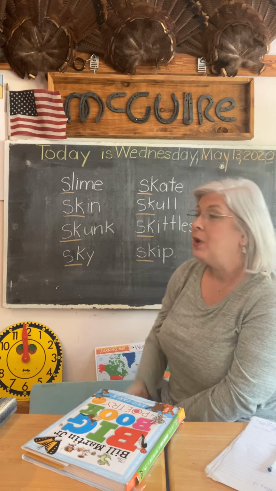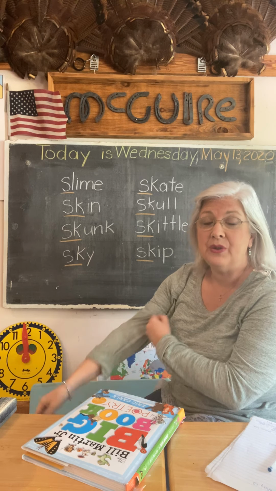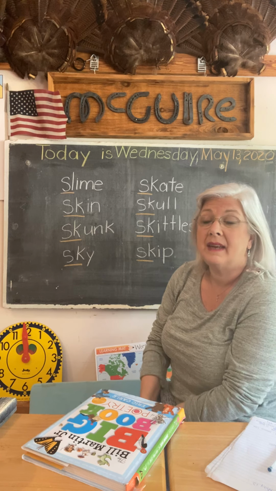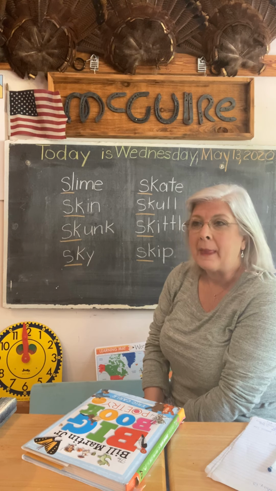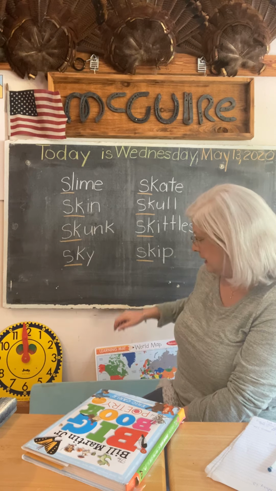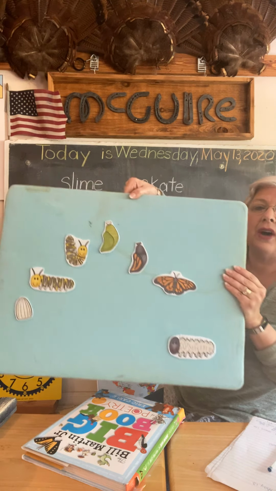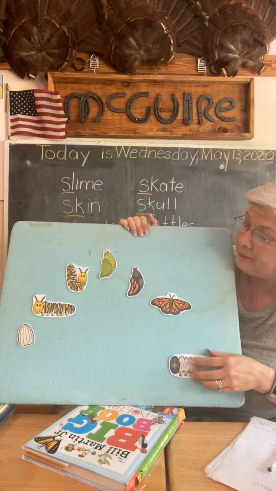during our time. We're still going to go ahead and do some words and letters, a new sound, S-K, sk, sk. But I wanted us to have a little bit of science. And so I've got to show you this, our board, and it has on it the different stages of a butterfly.